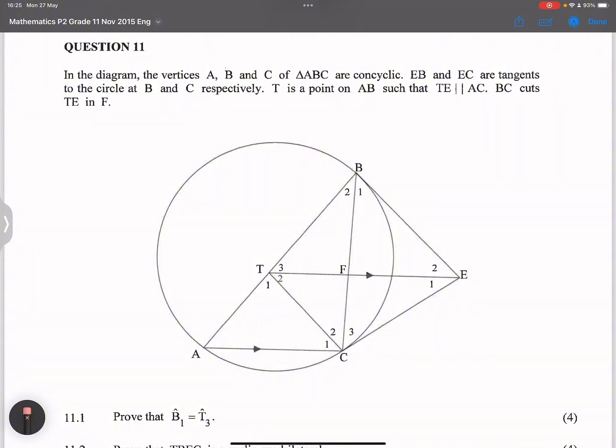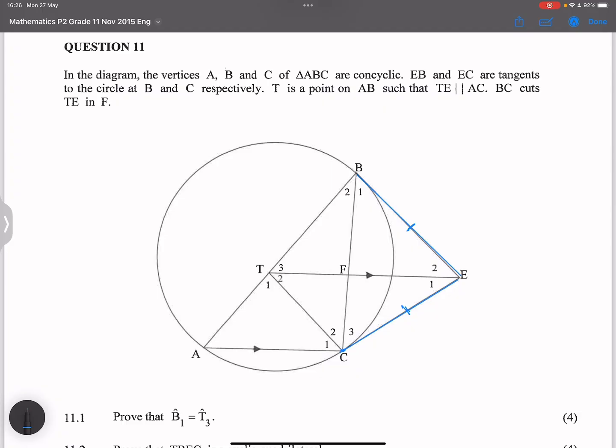They say to us EB and EC are tangents to the circle at B and C respectively. Now remember, once you've got tangents, there I've got my tangent, and they are tangents from the same point. Remember that tangents from the same point are equal. So please keep that in mind.